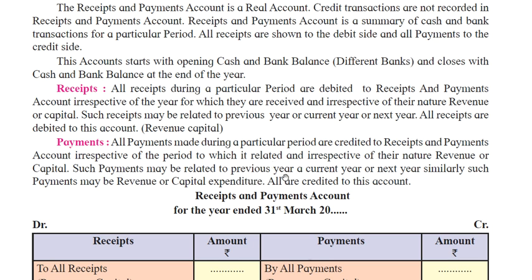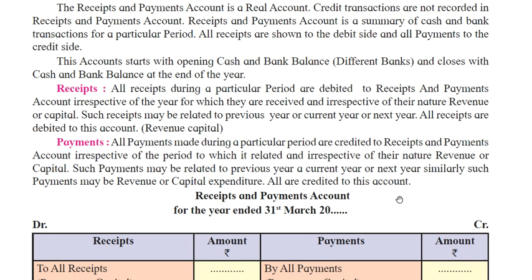We need to consider previous year, current year and next year payments. Similarly, such payments may be revenue or capital expenditure. All are credited to this account. So this is the difference between receipts and payments.